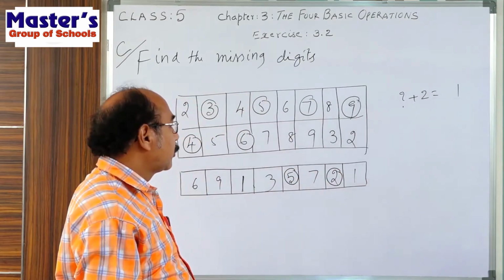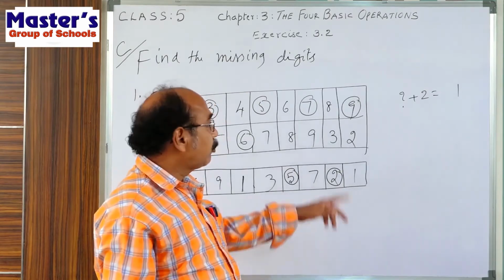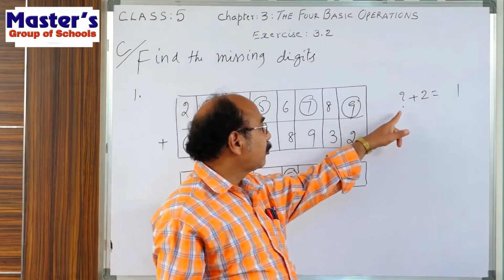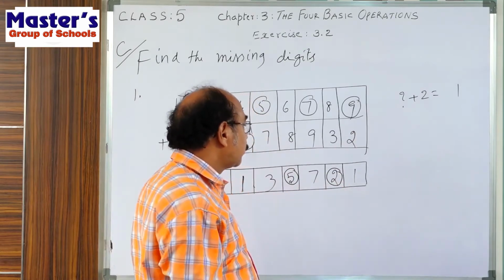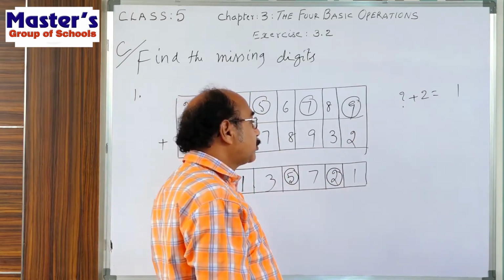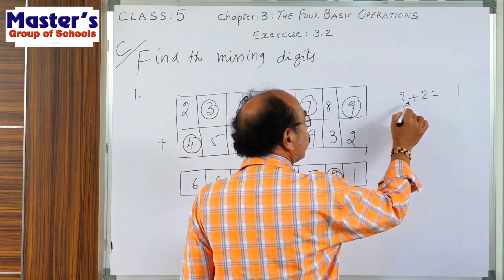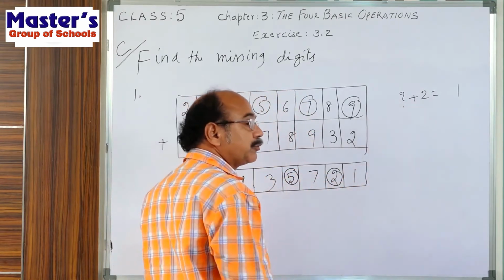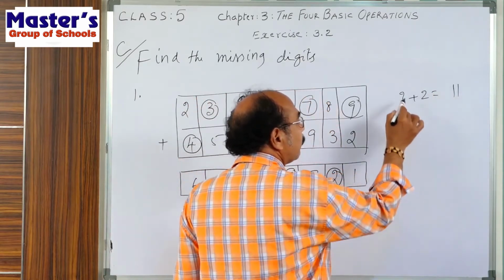Okay. So to the number 2, what is to be added to get here? That means 9 plus 2, here 9 is to be taken. Why? Because if we add 9 plus 2, how much do we get? 11.